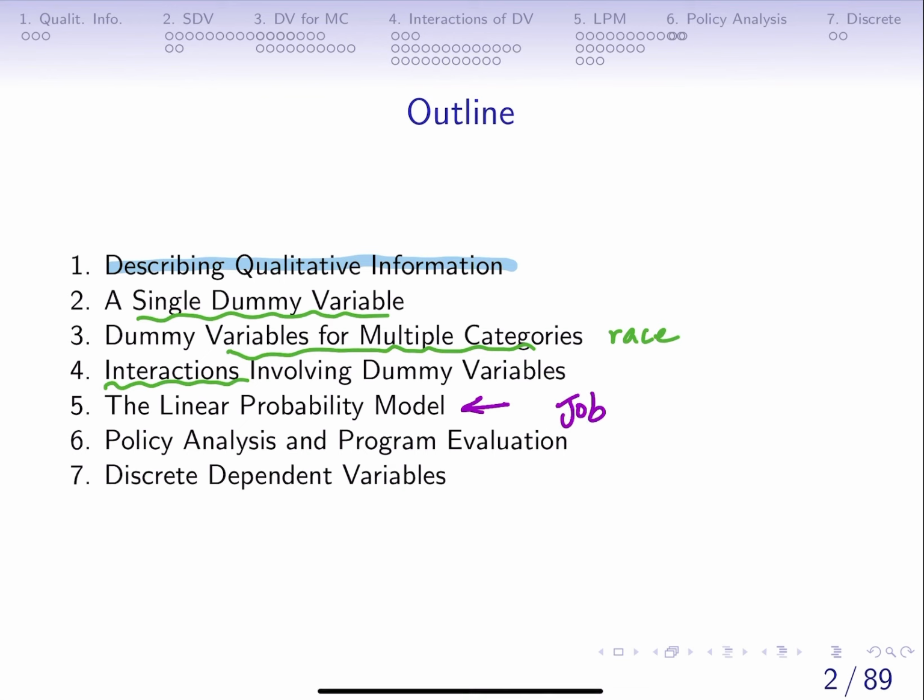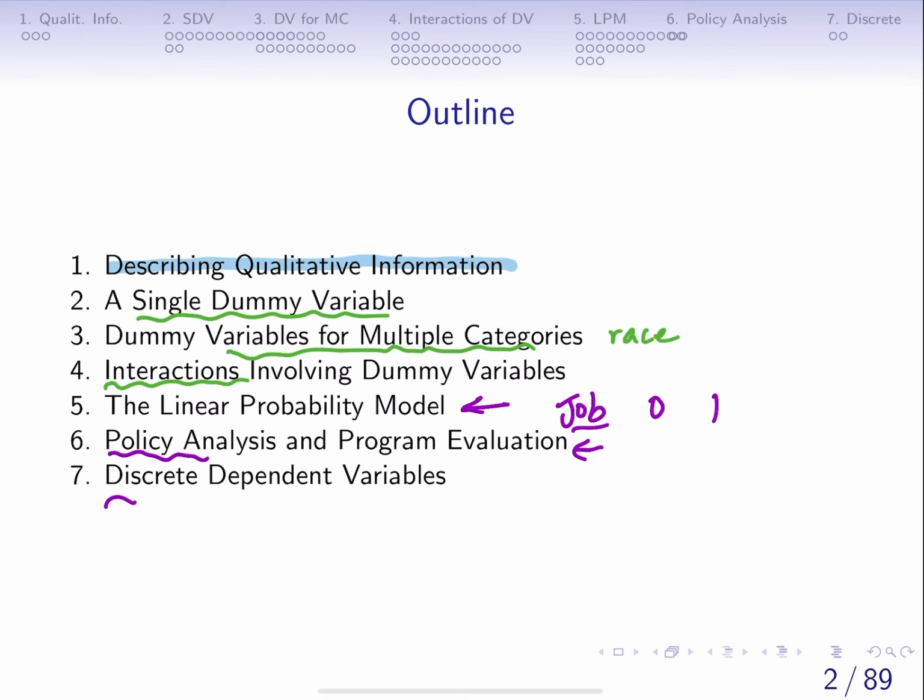So this could be a 0 or a 1 based on some other factors that could affect the probability of you getting a job. Okay, and then we can assess based on some explanatory factors what effect some sort of policy has on, let's say, your salaries or earnings.